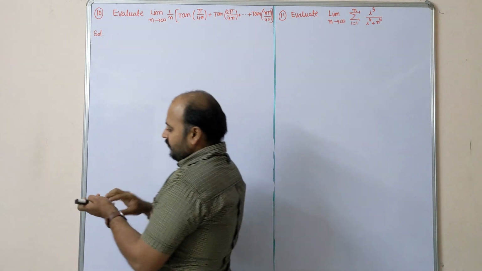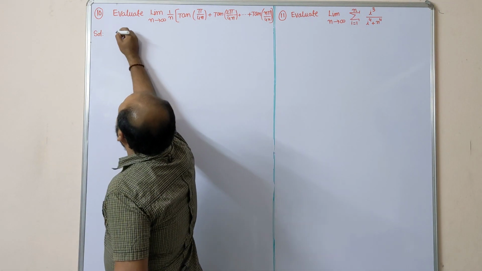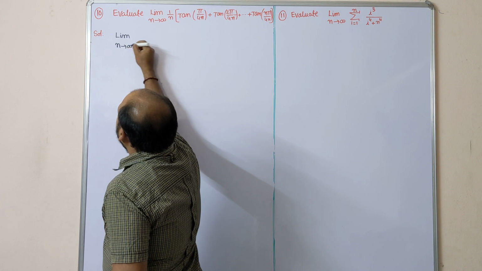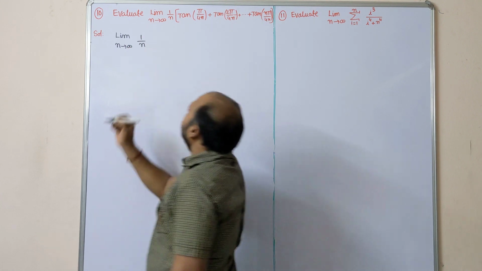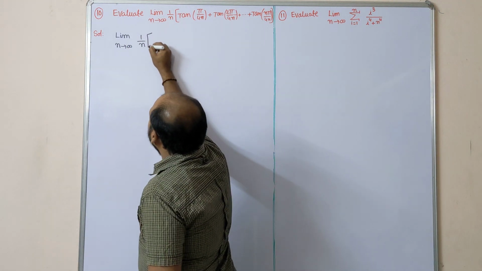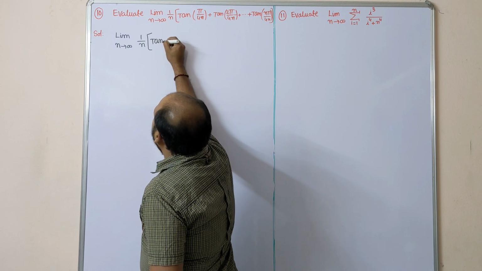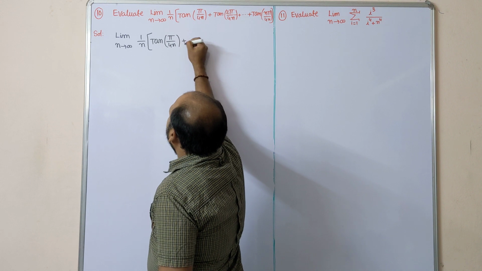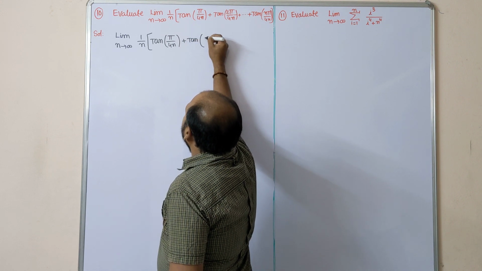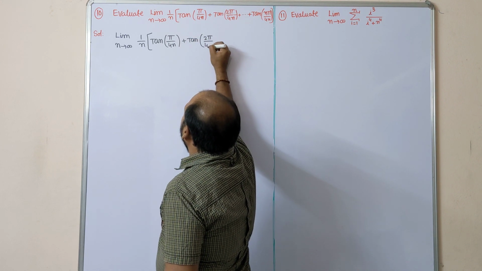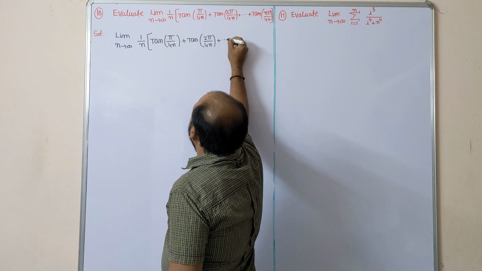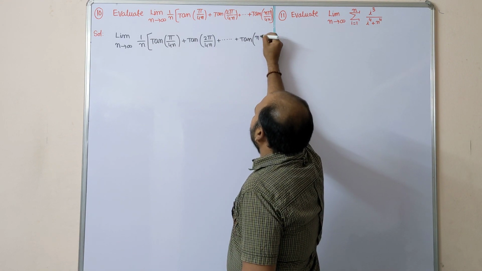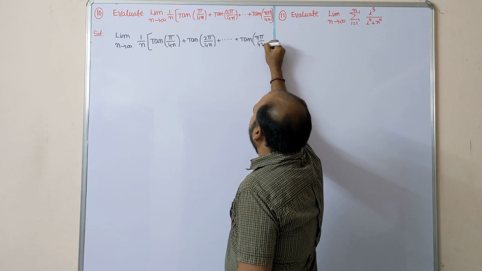So, limit n tends to infinity, 1 by n into tan pi by 4n plus tan 2 pi by 4n plus and so on, tan n pi by 4n.